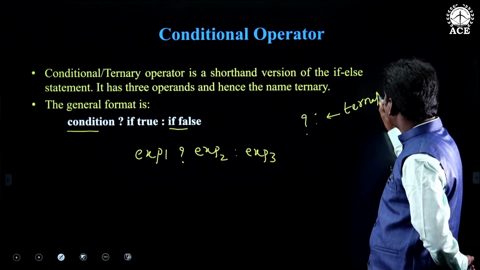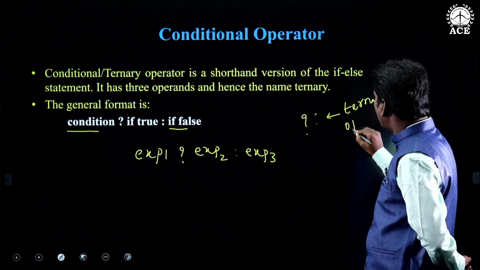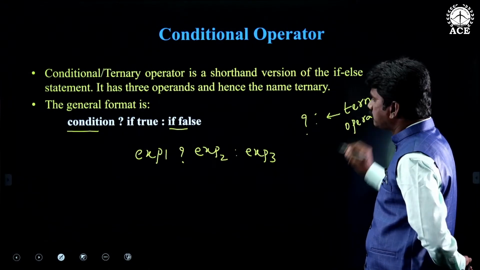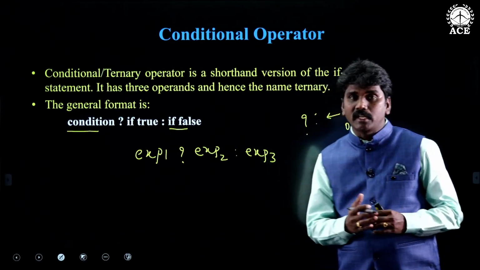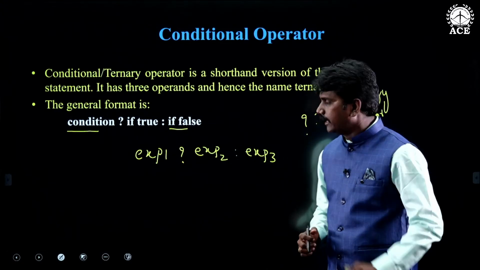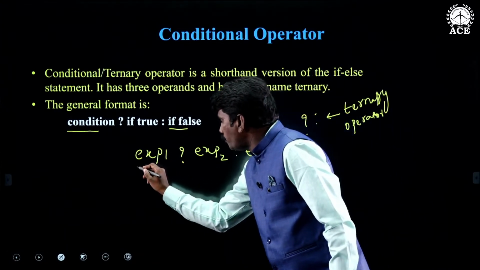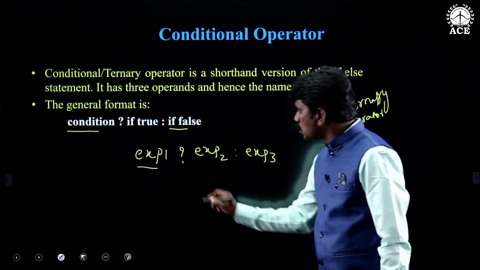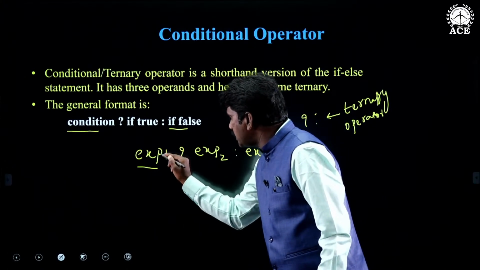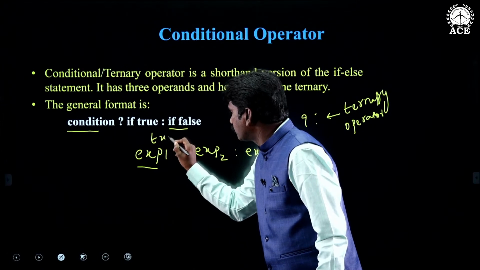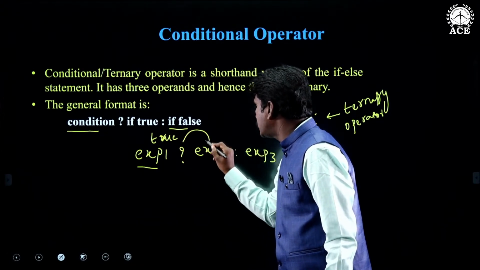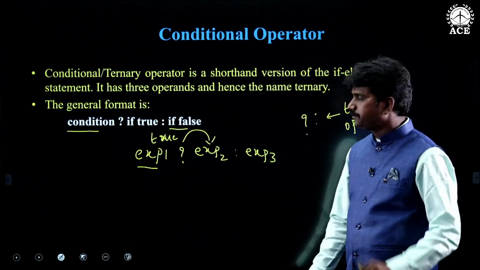What is this? Ternary operator. How will the ternary operator be? Question mark and colon. How is it going to work? Let us understand it clearly. Expression 1. So here one condition is going to be checked. If expression 1 is true, then the result is going to be expression 2.